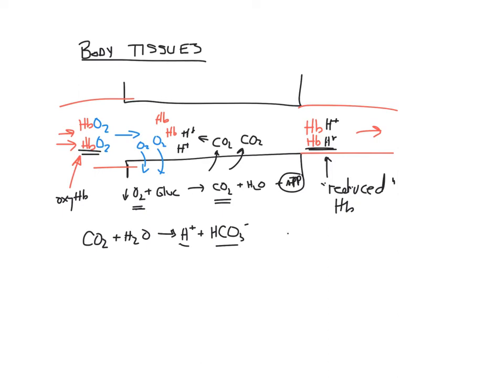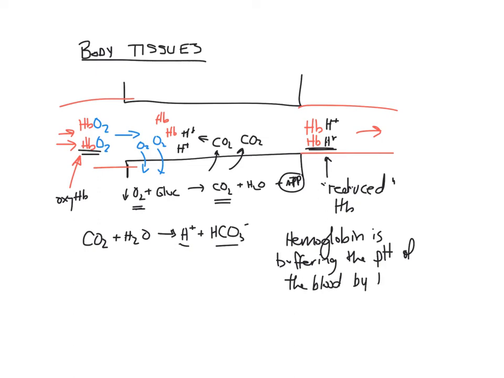So hemoglobin is buffering the blood. So it's buffering the pH of the blood, by taking in the H plus, which is your acid, okay? So in the body tissues, that's what happens.